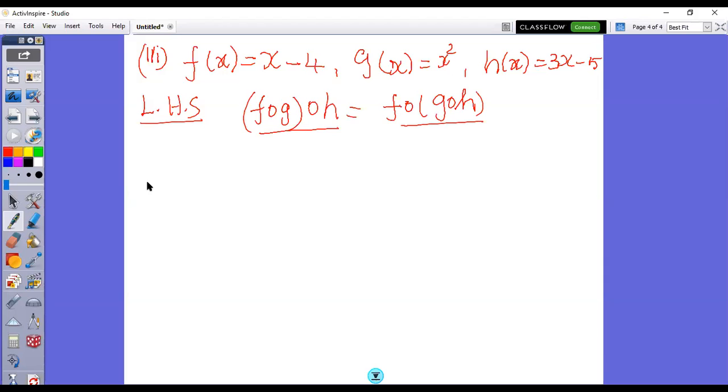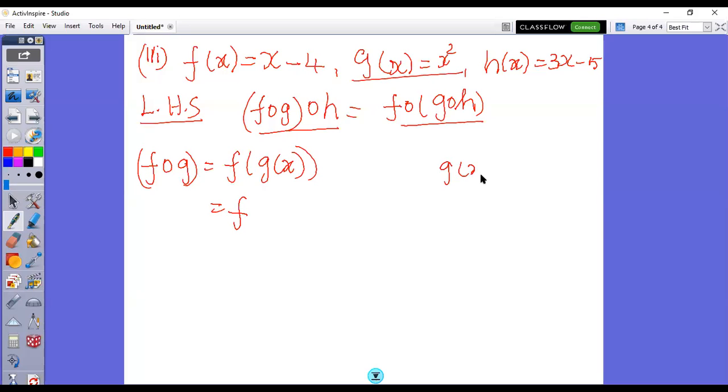First F composite of G equal to F of G of x. G of x equal to x square.